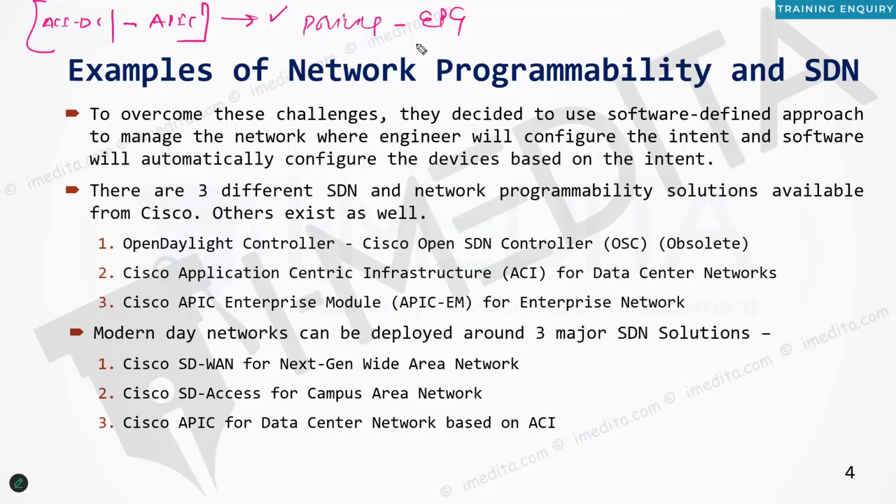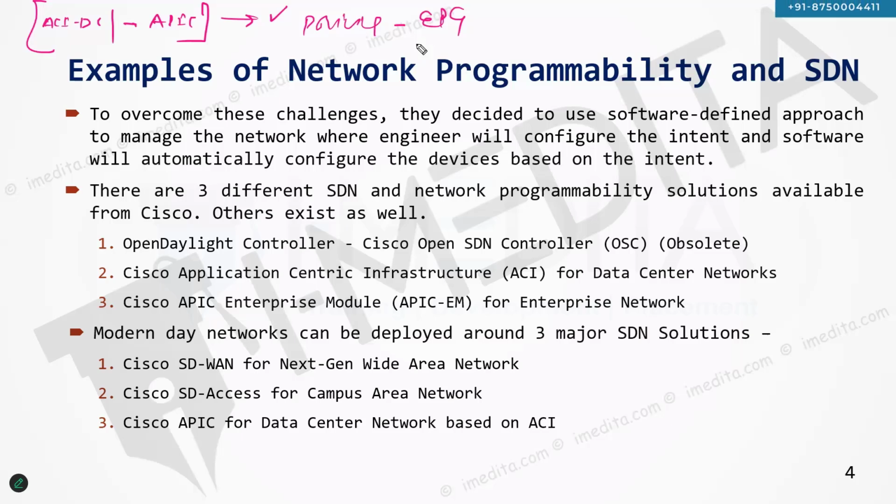Creating all these policies became very easy because of this Application Policy Infrastructure Controller that they started using. Slowly, APIC gained a lot of popularity in the data center environment.